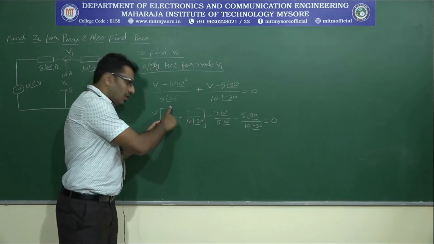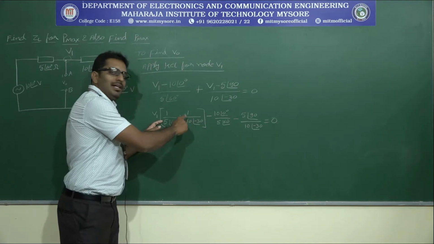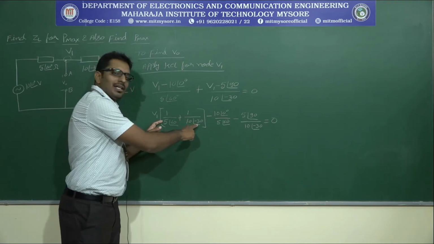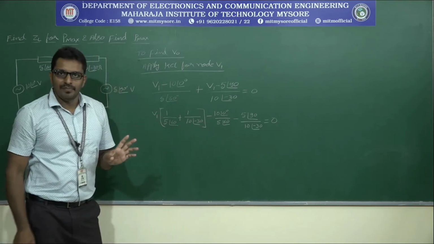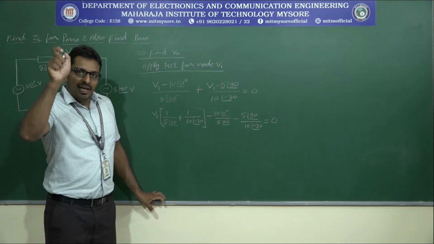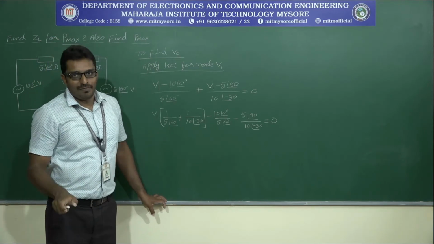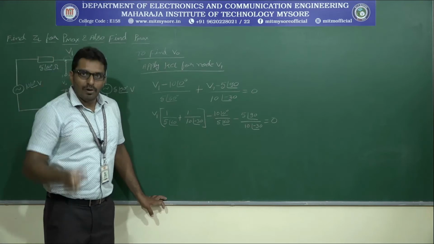Enter this value, close the bracket, plus again open the bracket, 1 divided by 10 at an angle minus 30, close the bracket, and finally once again close the bracket. Okay, then press equals. You will always get the answer first in rectangular form, but I suggest you always keep your answer in polar form.